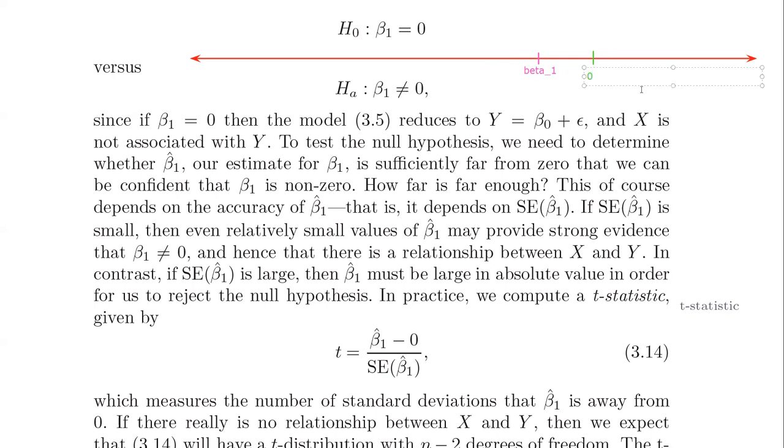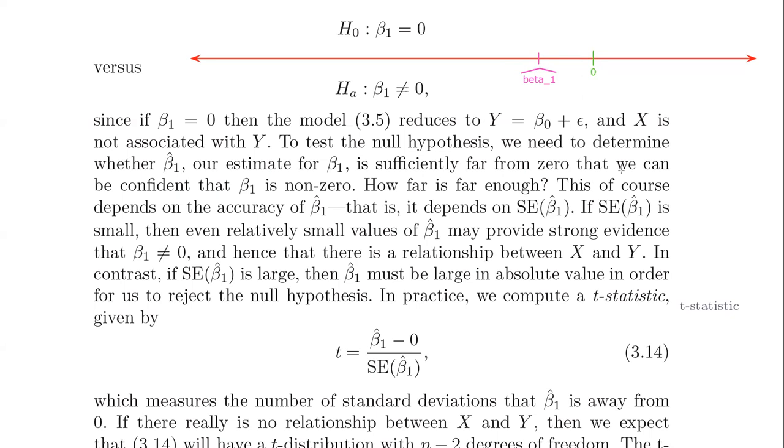Beta 1 with a hat, it's just our estimate. Now, if we had to blindly trust that estimate, if we just went ahead and said, okay, beta 1 hat is the true beta 1, then you would conclude, yes, there is a relationship.